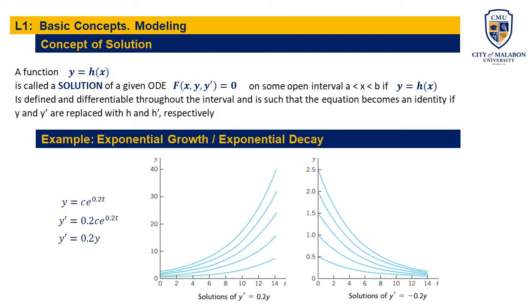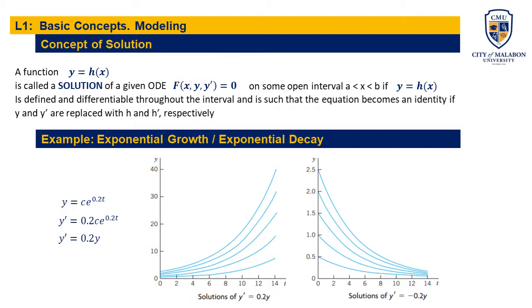If we graph or plot the points of these solutions to y prime is equal to 0.2y, we will have what we call a family of curves. Since c is an arbitrary constant, if we replace c with different values, we will have different curves on the graph.